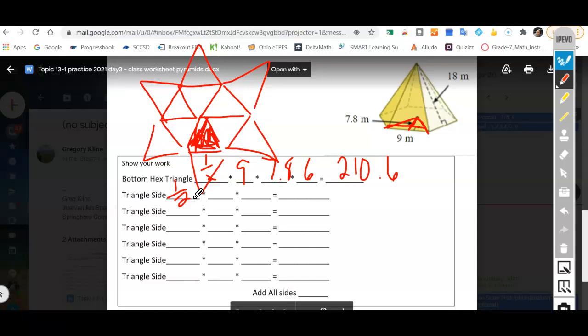So what's the base and the height of the side triangles, Lorelai? 9 and 18. So 1/2 times 9 times 18 is 81. I could write that down 6 times if I want, or you could have just done 81 times 6, right? And then added whatever that is to my 210.